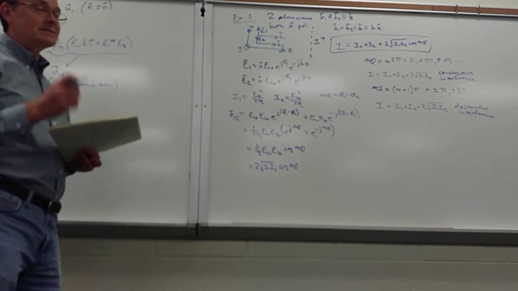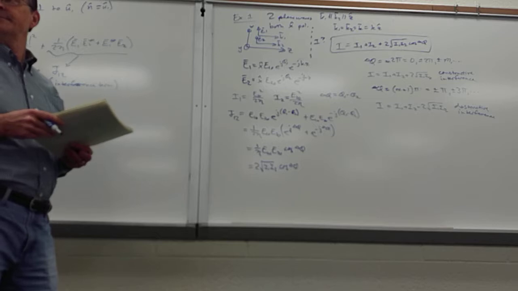So the total irradiance is less than the sum of the individual irradiances.